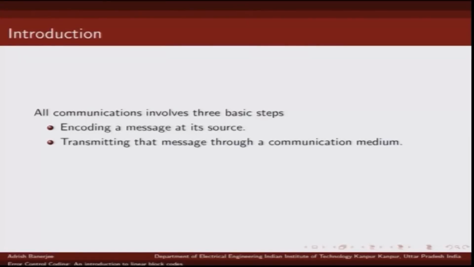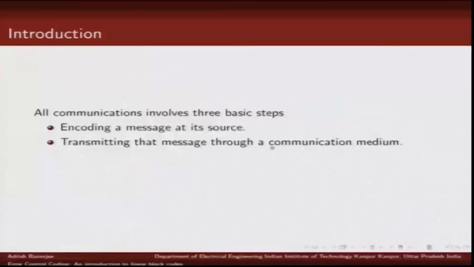Second, once you have represented your source, you want to transmit that source over a communication channel. So the second thing is transmission of the message through a communication channel. And finally, once the receiver receives the message, it has to decode to find out what was the information that was transmitted. So broadly, there are three steps involved in communication: encoding, transmission, and then finally decoding.